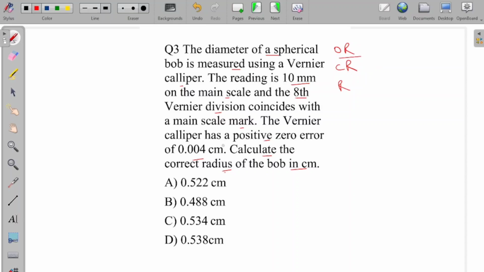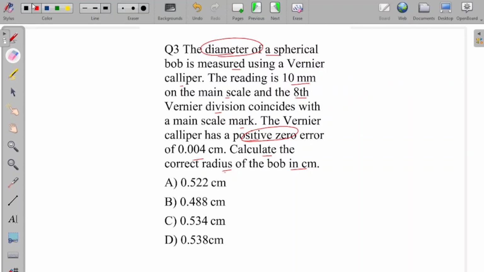Then since there is positive zero error, we know that in order to find the correct reading, we need to subtract the zero error from the observed reading. Then we will find the radius, as the question is dealing with diameter. So whatever reading we are getting is of diameter. In order to find the radius, we need to divide it by 2. So after dividing it by 2, we will get the correct answer.